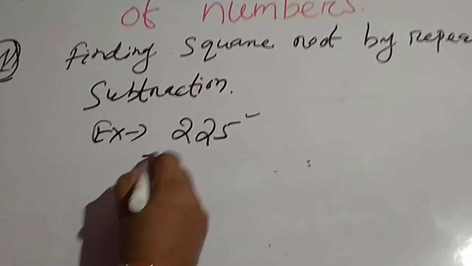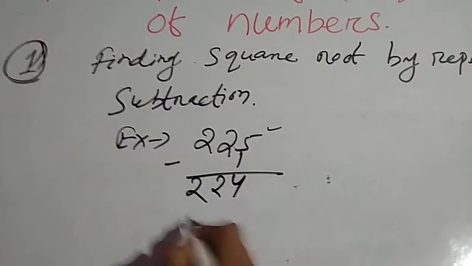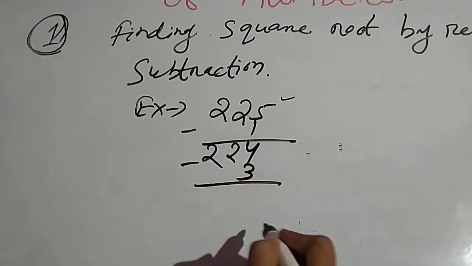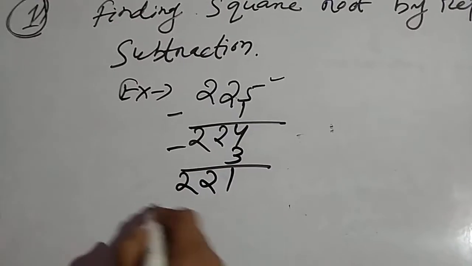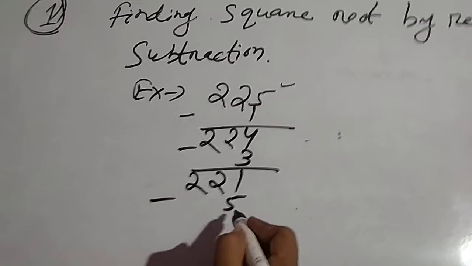So first we subtract 1, equal to 224. Again subtract 3, that equals 221. Again minus 5.